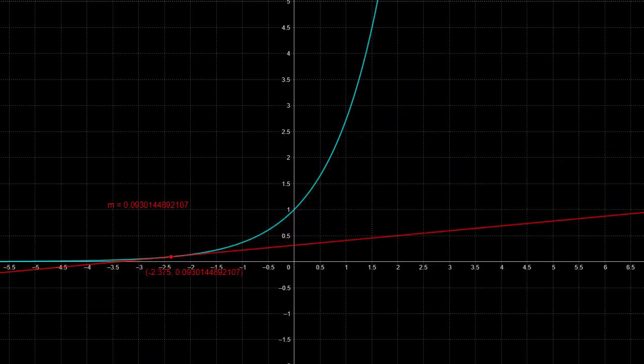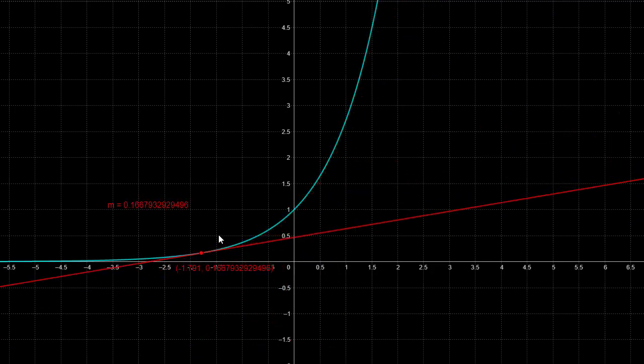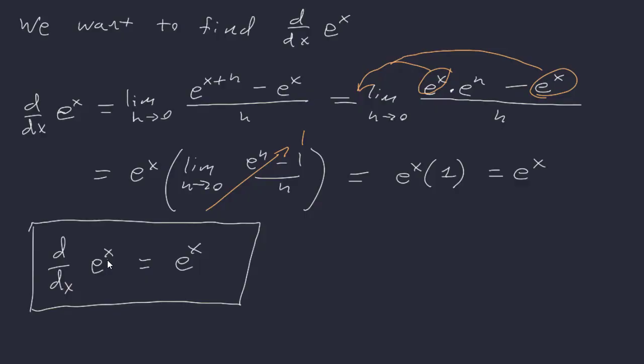So if we were to chart out the path of the derivative function, we would basically be charting the same exact y value as we have here. So yeah, e to the x, it's the one function out there whose derivative is itself. Right? So the derivative of e to the x is itself.